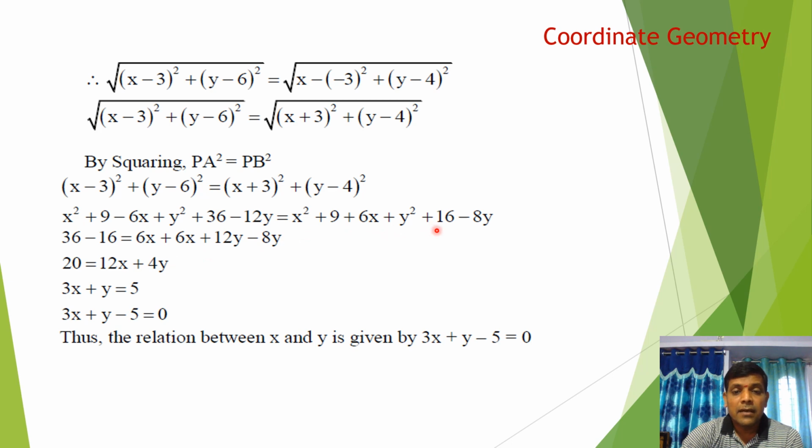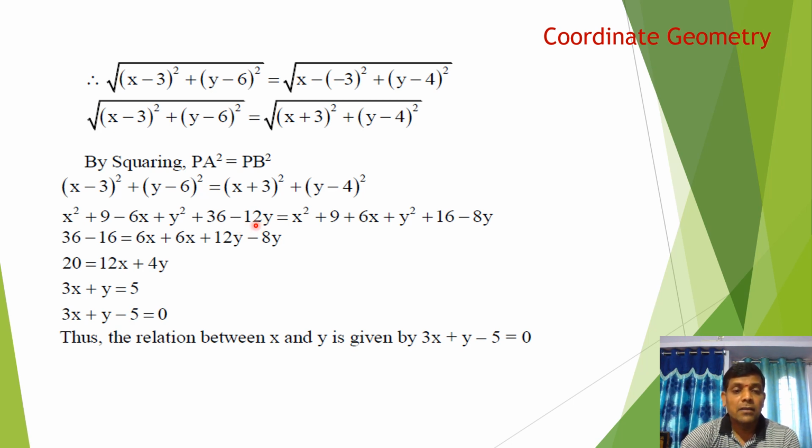and 16 in the RHS. So transpose 16 from RHS to LHS, it becomes minus 16, equals minus 6x in the LHS place. Transpose minus 6x from LHS to RHS, it becomes plus 6x. Now 6x plus 6x, this is minus 12y in the LHS place.